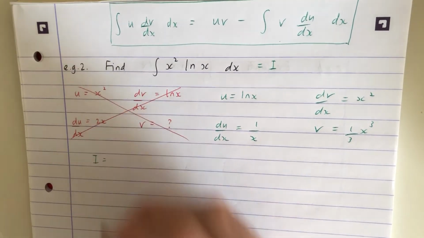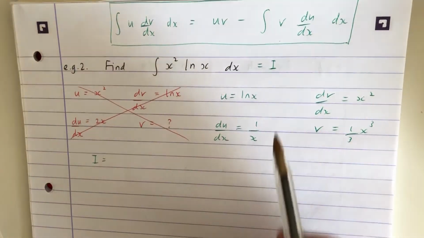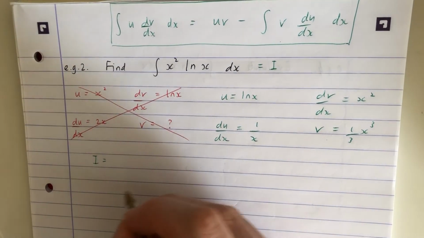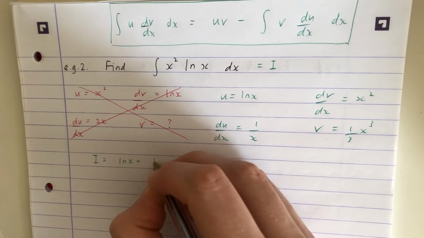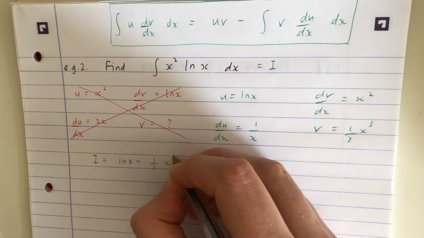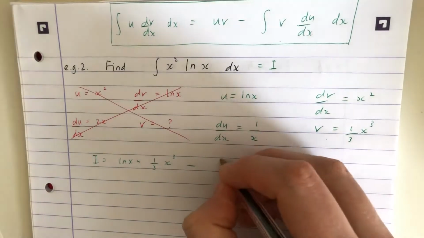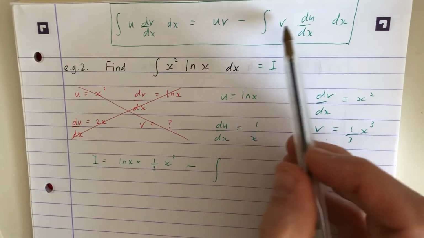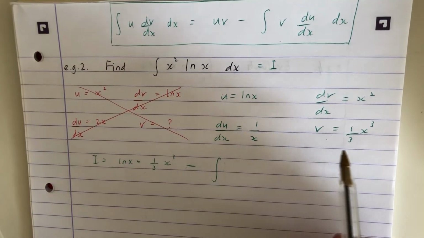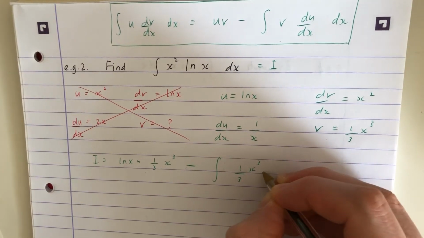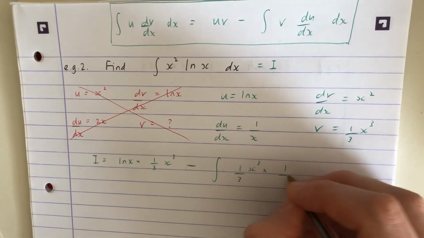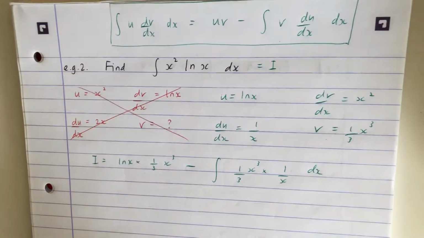So I is equal to uv, so you've got ln x times a third x cubed, subtract the integral of v du by dx, so a third x cubed times 1 over x with respect to x.